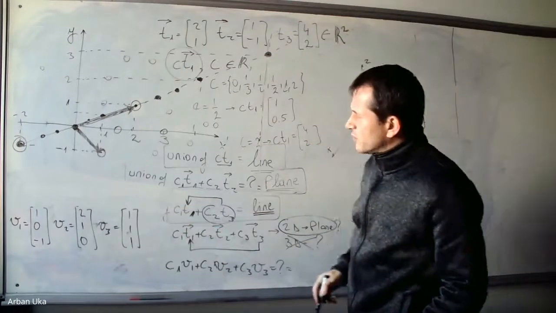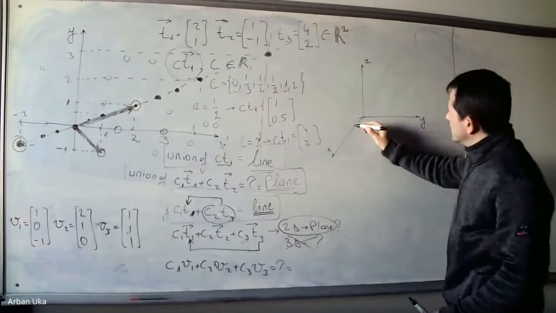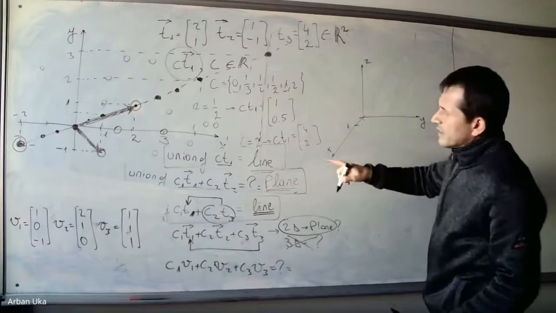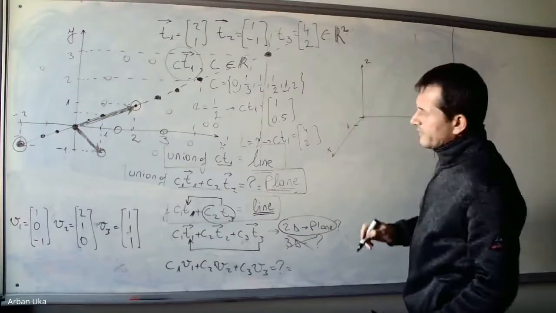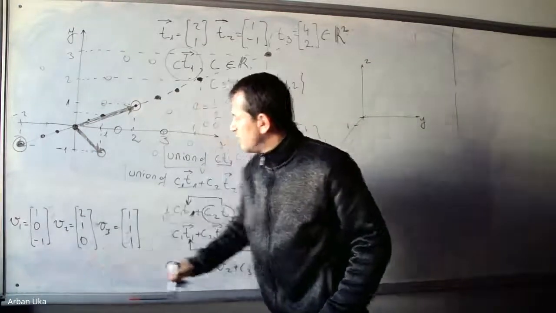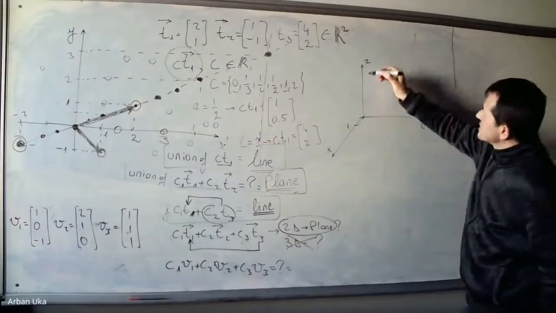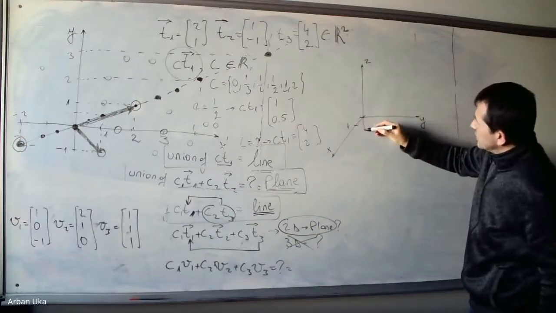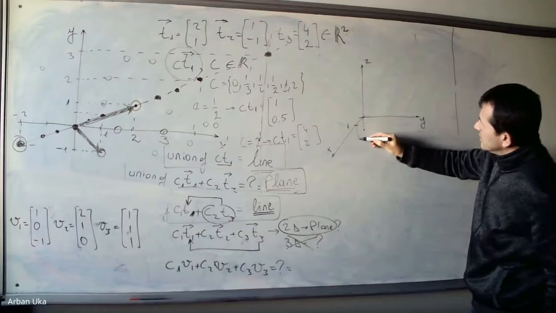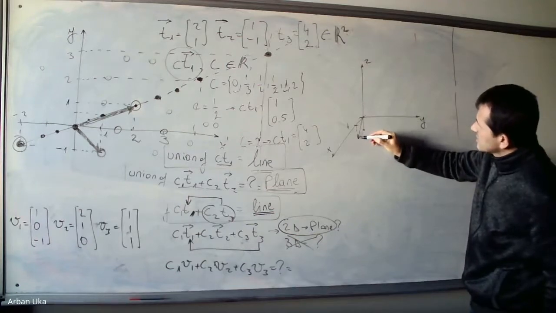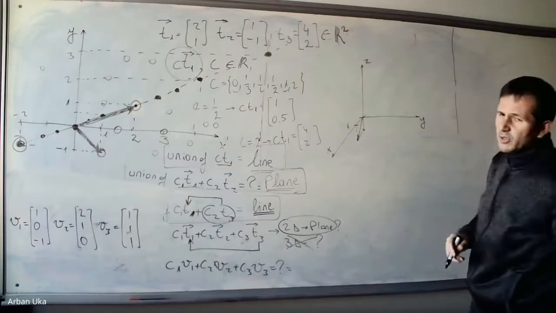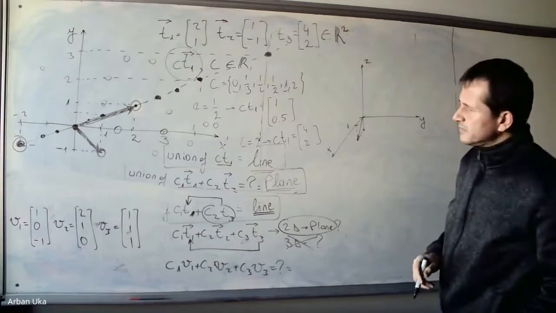So for V1, x is 1, okay? The y is equal to 0, and the z is minus 1. So from the z, we come down 1 unit, and then the resultant vector is going to be some point down here, okay? Maybe you can do a better job if you draw this.